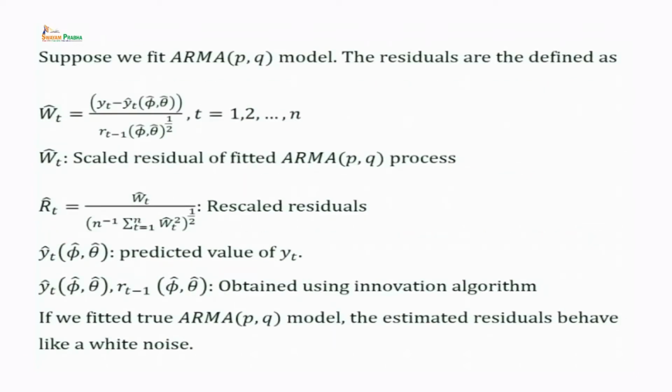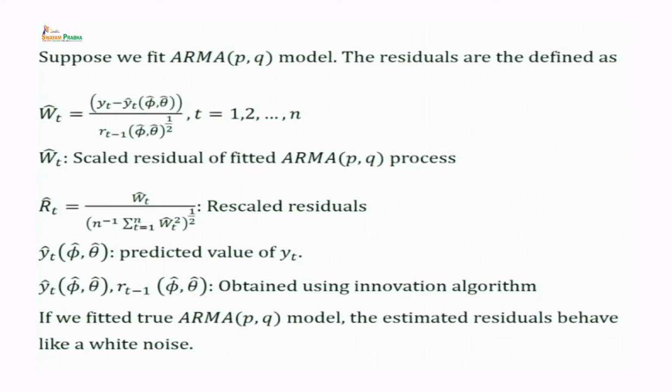Now, suppose you have fitted an ARMA(p,q) process. Then we define the residuals as W hat t equal to y t, the observed value, minus y hat t(phi hat, theta hat), the predicted value of y t, where theta hat and phi hat are the estimators of the parameters theta and phi.